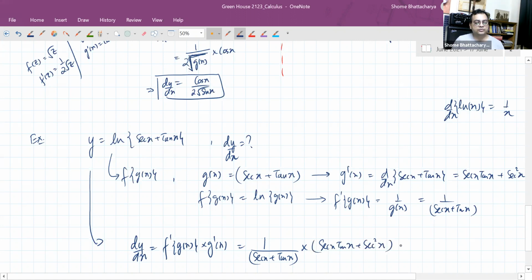And then there's a bit of observation here that if you take sec x common, then the numerator is the same as the denominator. So you can directly write this as sec x. So our differentiation's value becomes sec x. So the correct answer that all of you sent. Okay.